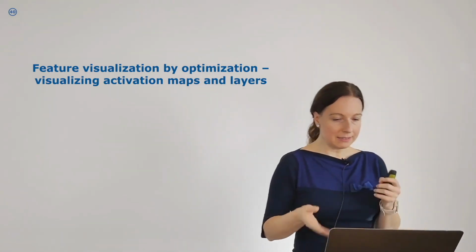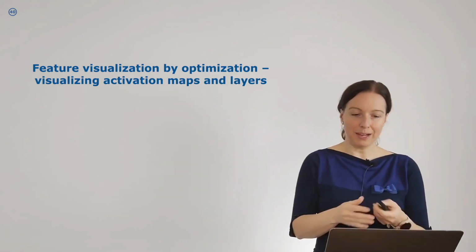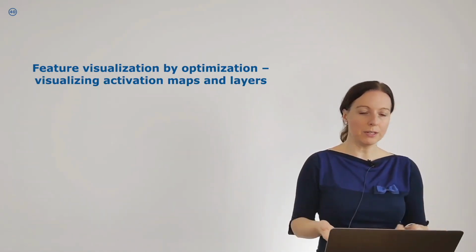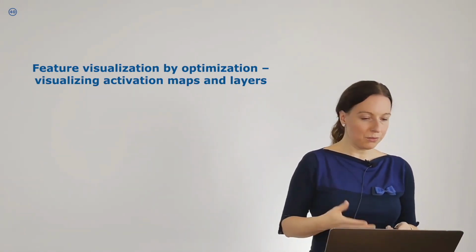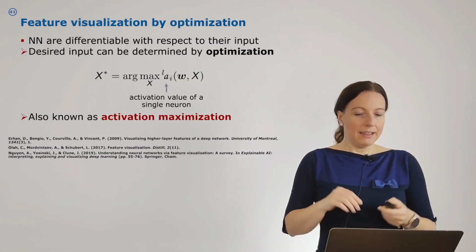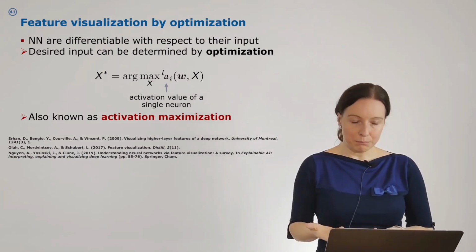But now, so far we only used quite simple methods to visualize single components or Deconvnet. But there's another powerful method, which is feature visualization by optimization. Neural networks are differentiable with respect to their inputs.